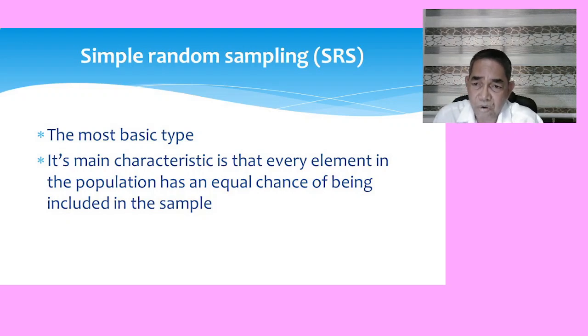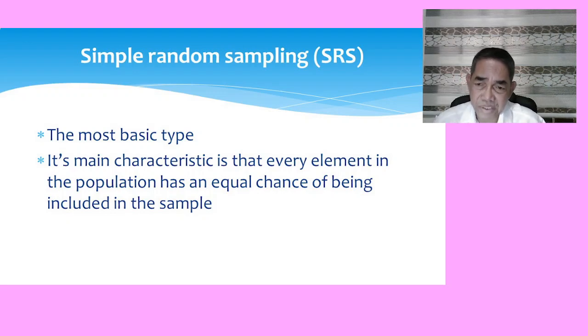Many years ago, the simplest way of doing the simple random sampling is using the fishbowl technique, where you get pieces of paper of equal sizes and then put numbers there that will correspond to the participants in a sampling frame.